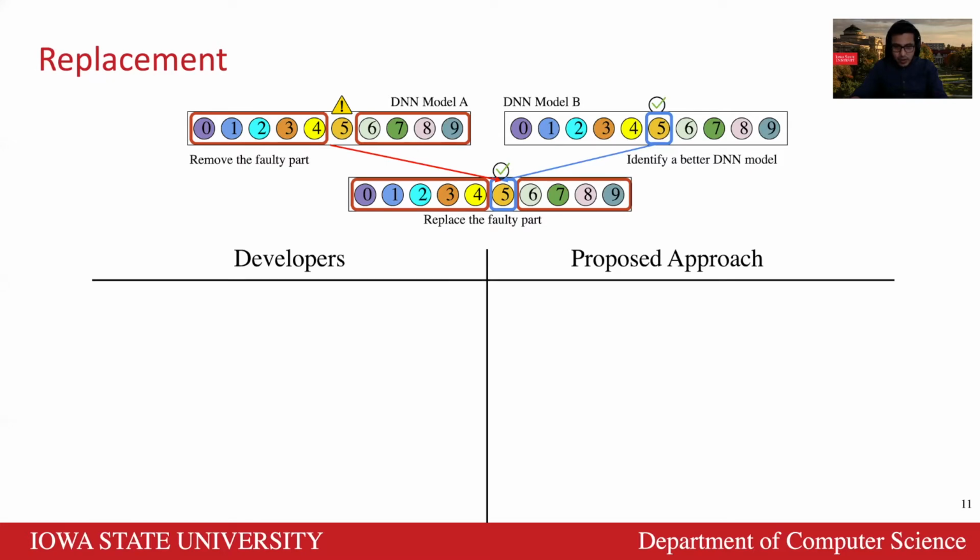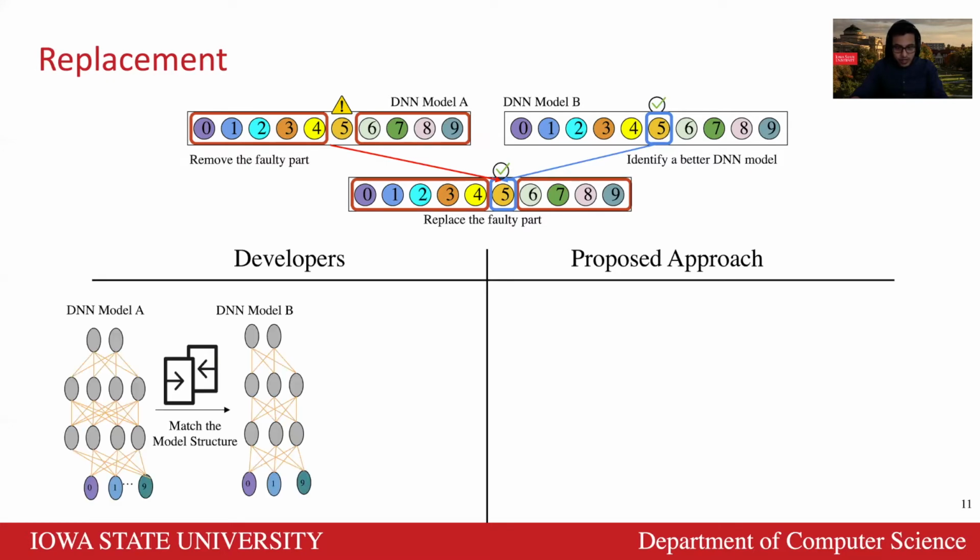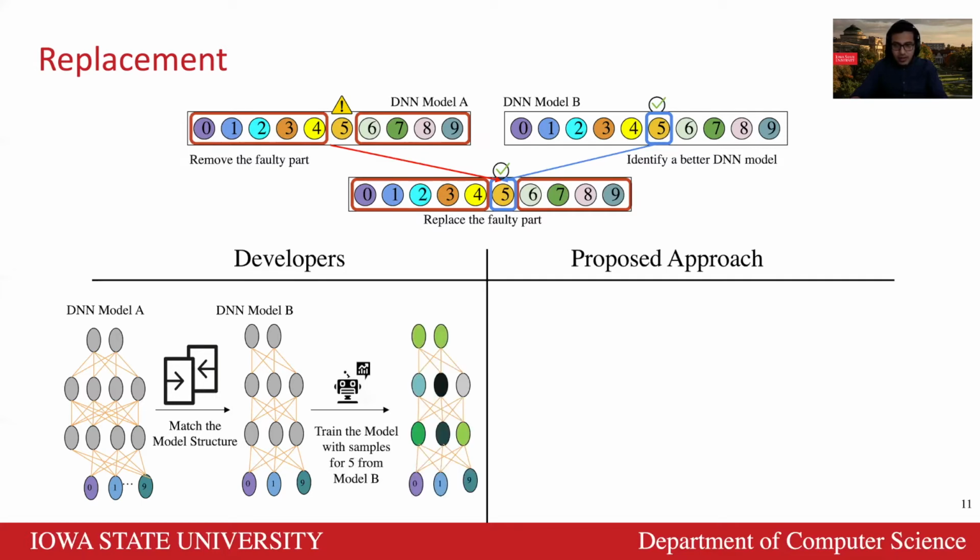The developer might need to change the model structure of model A to the structure of model B, which also has the potential to change model A's effectiveness for 0 to 4 and 6 to 9. Then they can replace the training samples for 5 used to train model A with those used to train model B. Finally, model A would be trained with the modified training data.